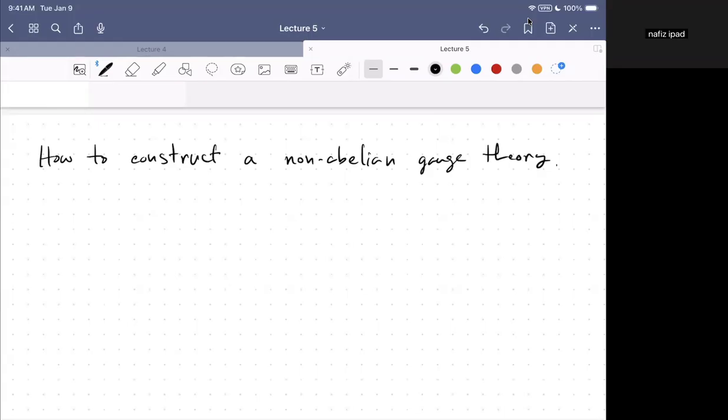The first thing that we do is first we construct a classical non-abelian gauge theory. And so what that means is that it is invariant under a non-abelian gauge transformation.